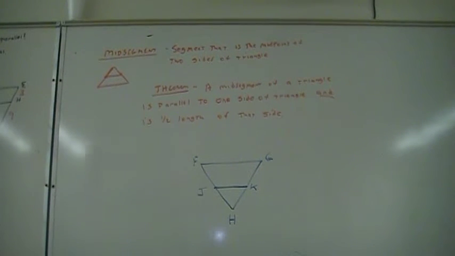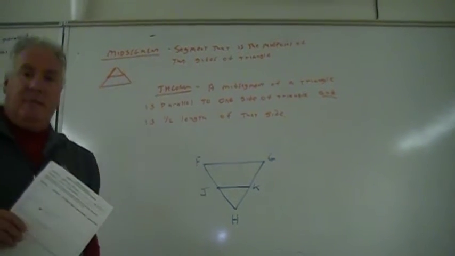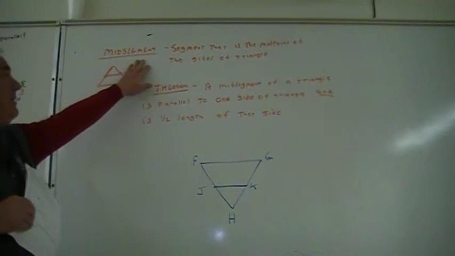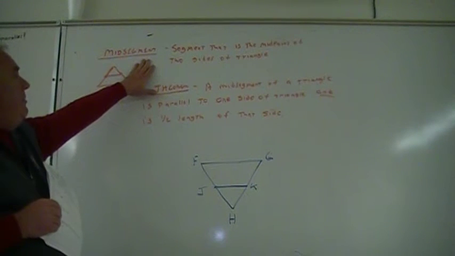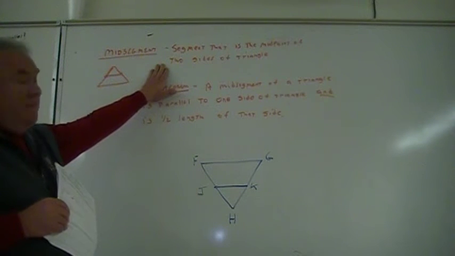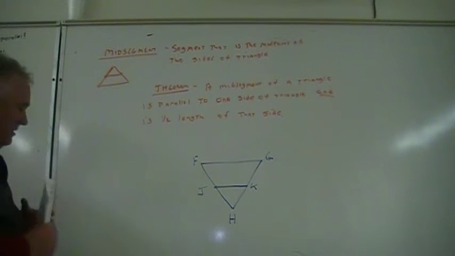Okay, now we're going to start with a special term called mid-segments. A mid-segment is special in that it's the midpoint of two sides of a triangle. Here's the example. This is a mid-segment.